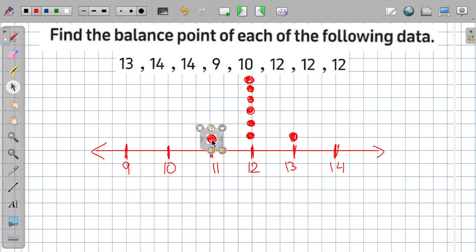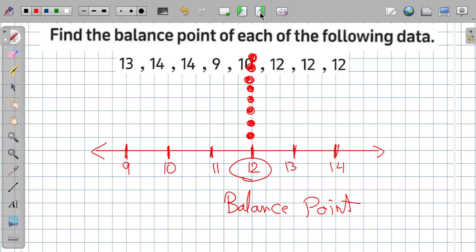Here I have one dot at 11, so I will move it to 12 and this point I will move it to 12. So I can see that all dots is above 12 right now. So I can say that 12 is a balance point of the data set.